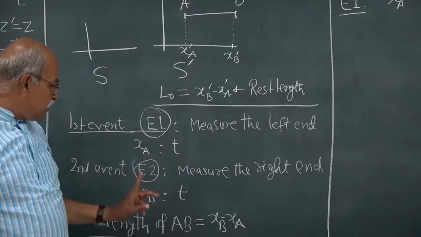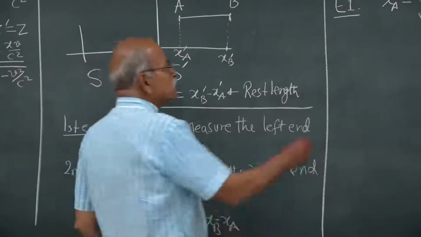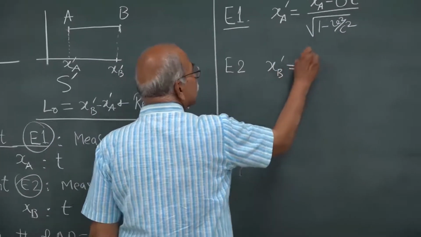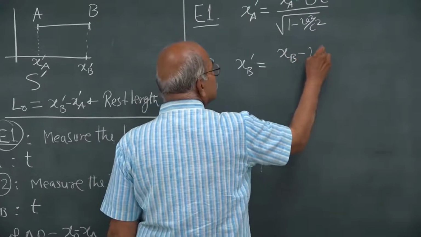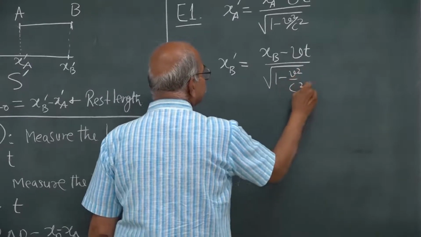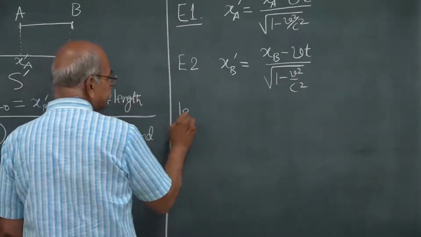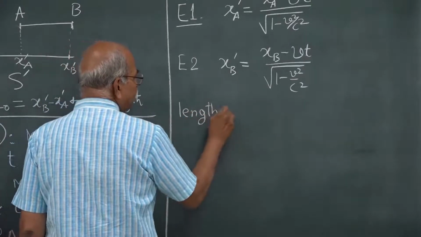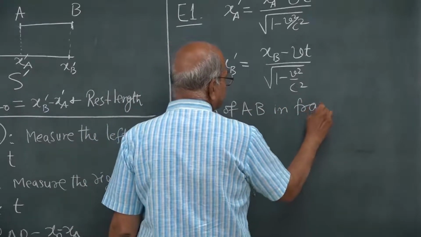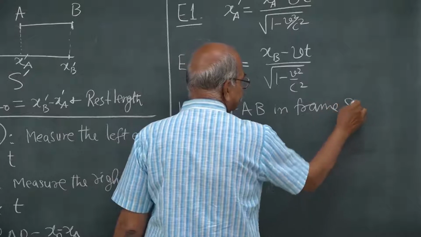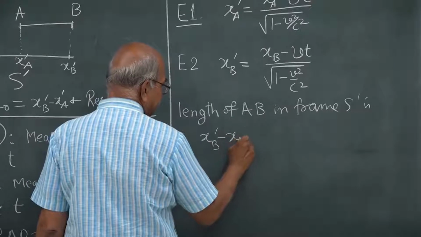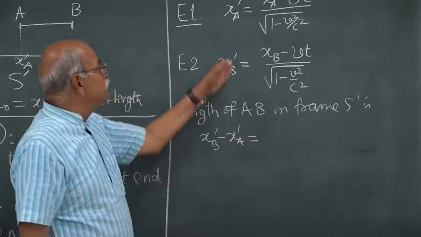So, for E2 you can write xb prime is equal to xb minus vt divided by square root 1 minus v square by c square, and therefore length of AB in frame S prime is xb prime minus xa prime.